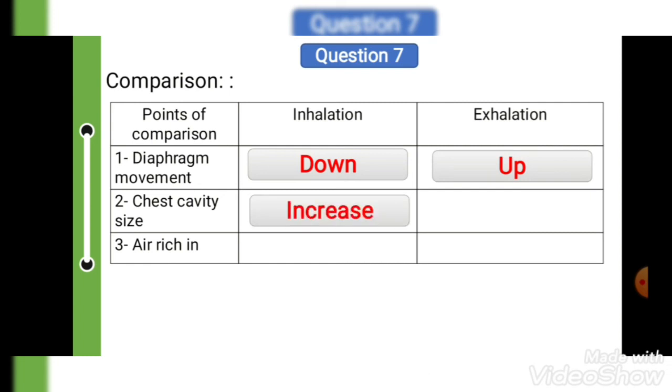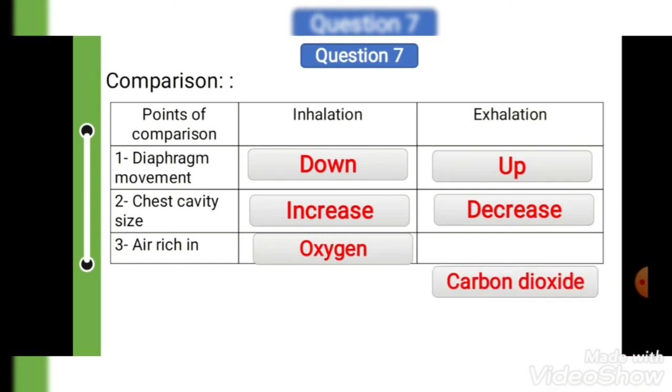It increases in size, it means enlarge. لو بتلخبط ما بين increase و decrease استخدم enlarge أو become smaller. وبما إن chest cavity في inhalation increase, so in exhalation it's decreasing. خلوا بالكم في inhalation in. Inhalation increase. طيب which air do we inhale? We inhale oxygen rich air and we exhale the carbon dioxide rich air.